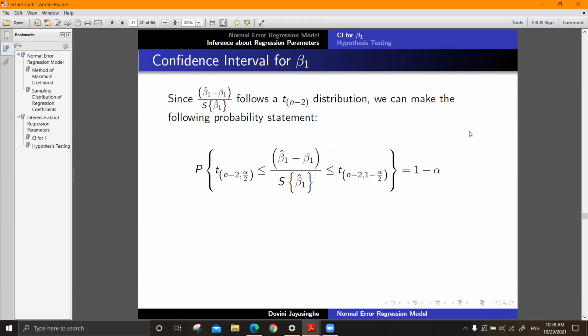If you want a 95% confidence interval, what is alpha? 5%, 1 minus 5% gives you 95%. Here you write the probability statement. This is the pivotal quantity of interest. Because we know this is T distributed, this is the lower limit, this is the upper limit. It's very easy, we have the pivotal quantity here. I'll just write that for you.